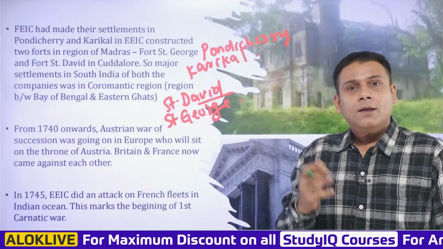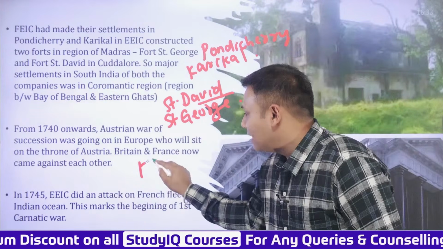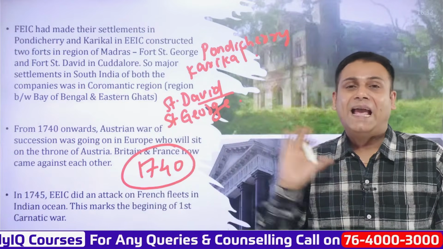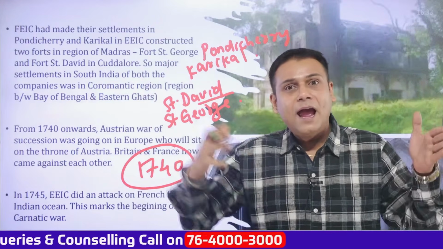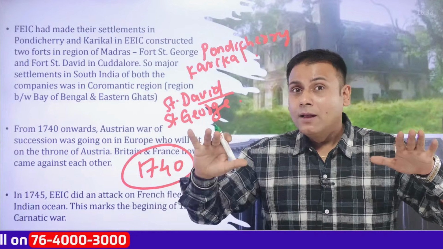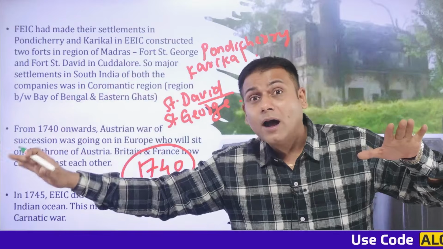Now, in 1740, please remember this date, the Austrian War of Succession began, over who would sit on the throne of Austria. Britain and France were opposed to each other. This war also had its impact in India. How?